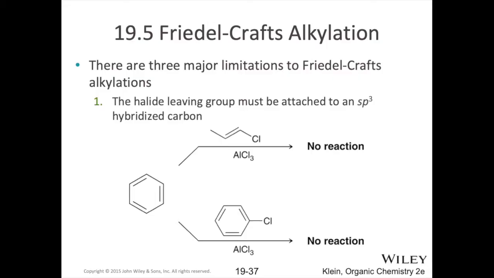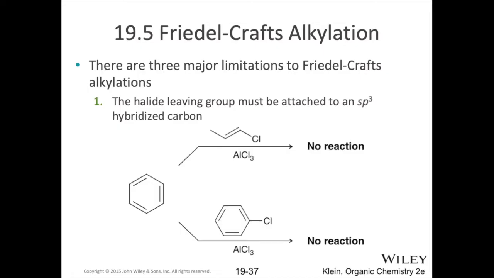Okay, so that's a major limitation to Friedel-Crafts, and it's definitely not the only one. So let's look at Friedel-Crafts alkylation and take into account what are the things we need to consider when we are relying on it. First of all, you need your leaving group. Your halogen has to be attached to an sp3 hybridized carbon.